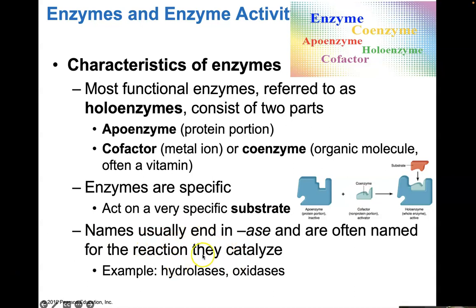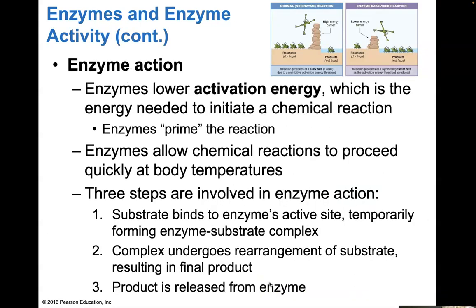Also, you probably already know this, the names of enzymes usually end in ASE and are often named for the reaction that they catalyze. So hydrolases are going to speed up hydrolysis reactions, okay? Oxidases are going to speed up oxidation reactions, okay? So it's nice when they're actually named after what they do.